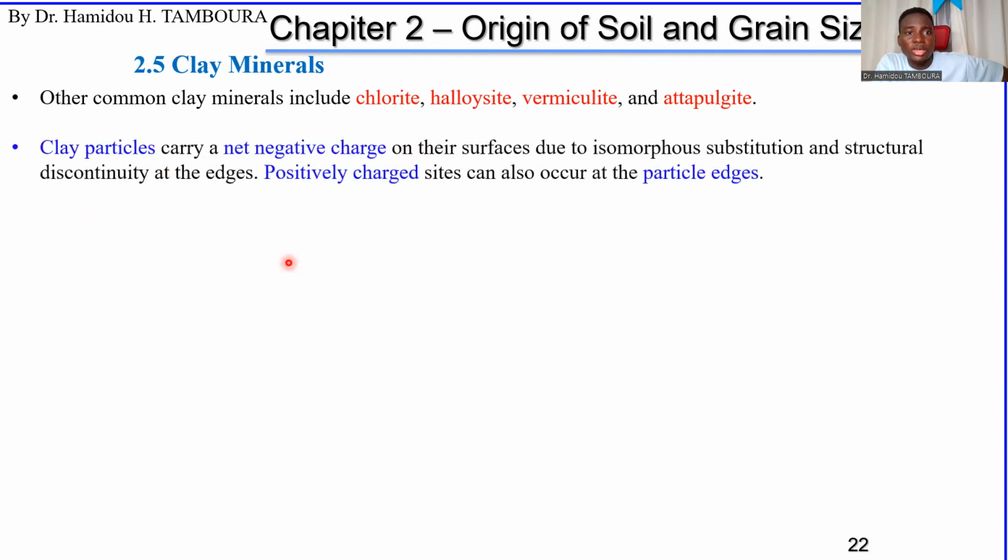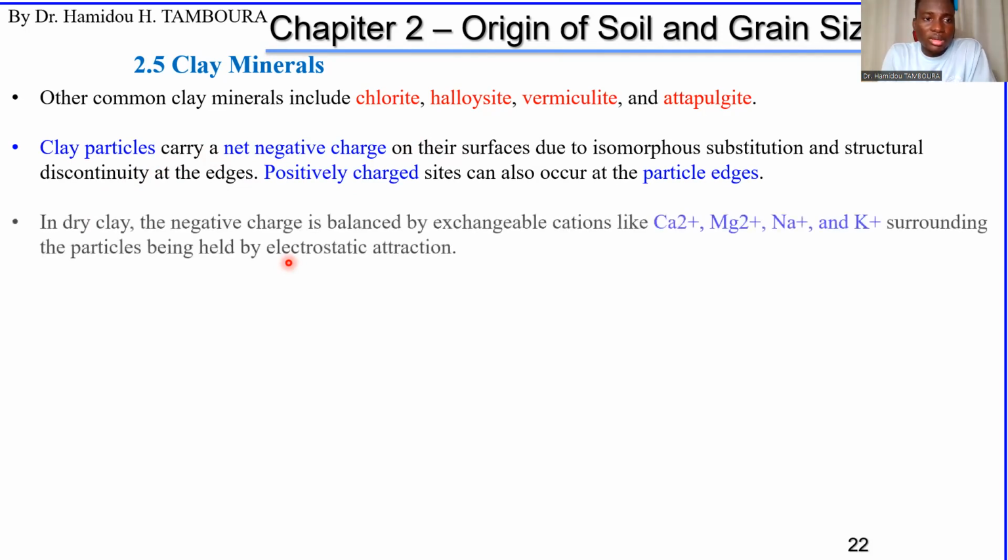Clay particles carry net negative charges. On the surface of clay we have negative charges, and positively charged sites can also occur at the edges of the clay particle.